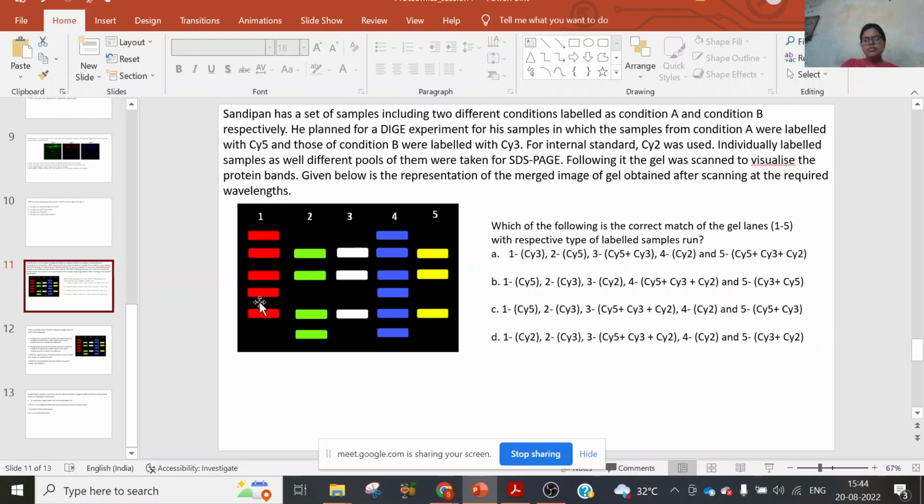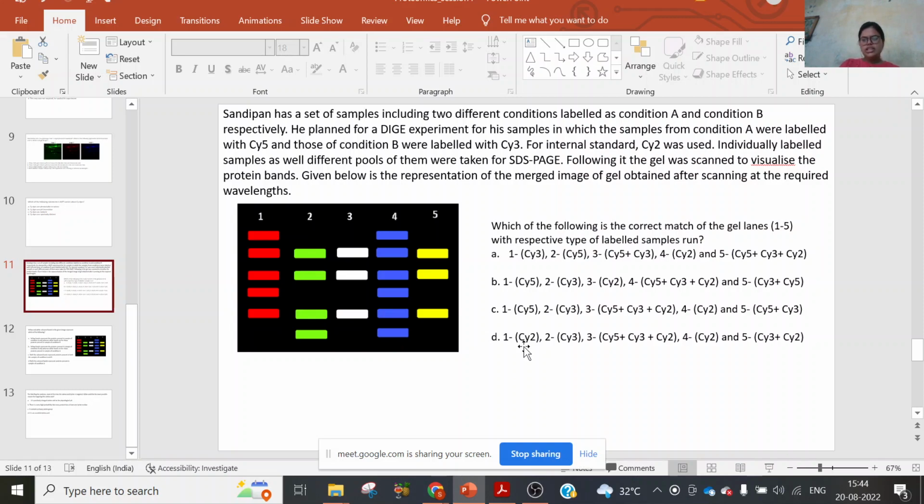So if you see lane 1, Cy5 is generally red labeled, green is Cy3, and blue is Cy2. So if we see the lanes, 1 should be Cy5, 2 should be Cy3. So in option D, 1 is Cy2.